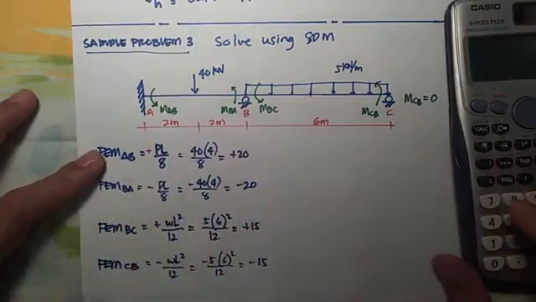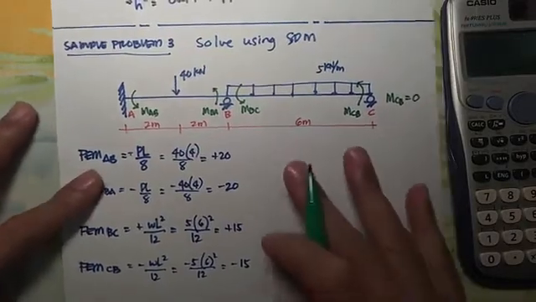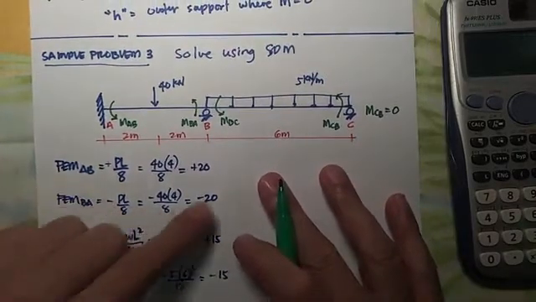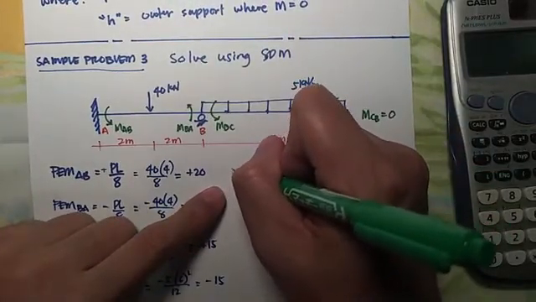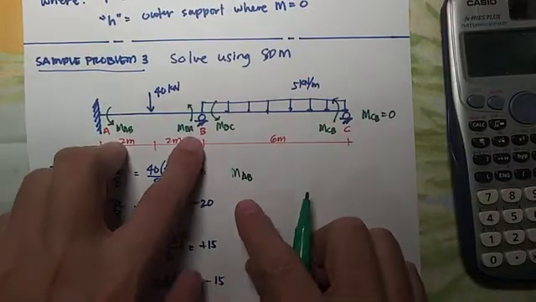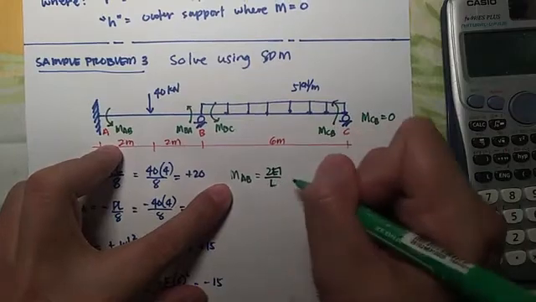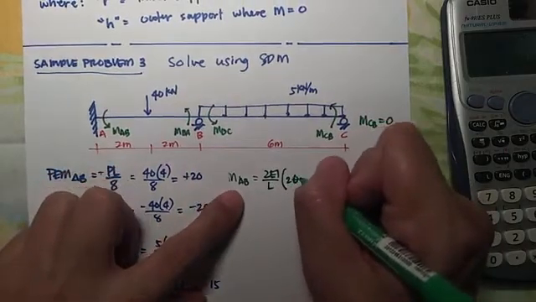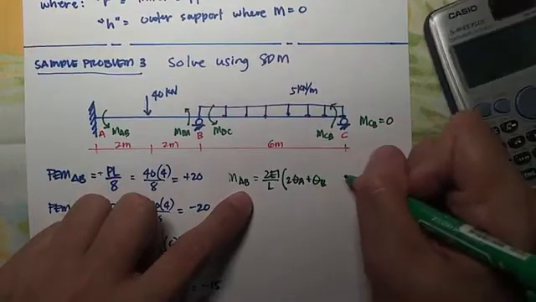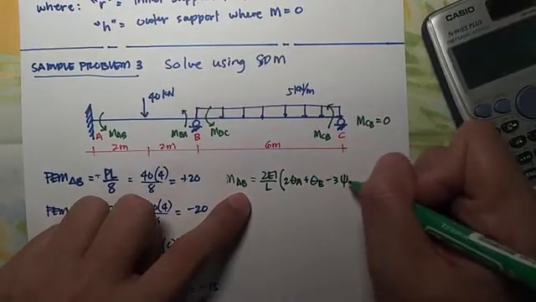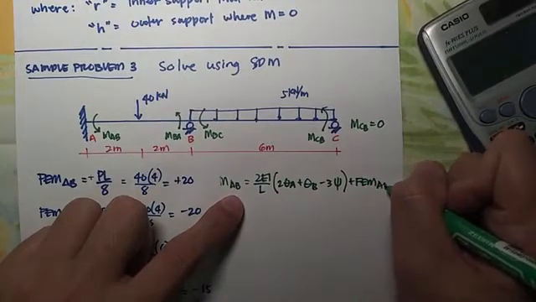Now, let us write the slope deflection equation. Let's start with MAB. MAB would be 2EI over L times (2 theta A plus theta B minus 3 psi) plus FEM on AB.